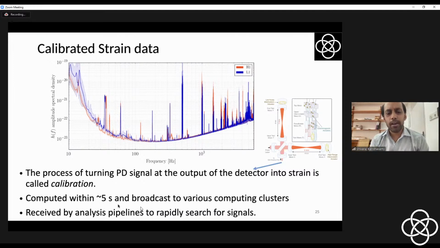Generally it is 5 seconds, but we also do offline calibrations that take a little more time but have more precision than the online calibration. In general, calibration is basically taking the light at the output port that we record in voltages and converting that into strain.